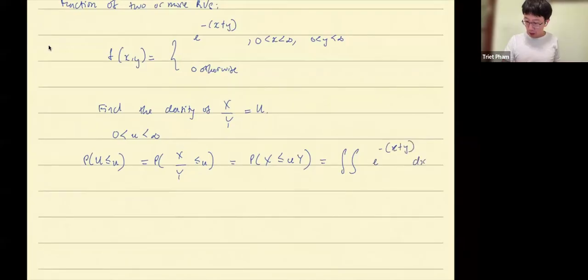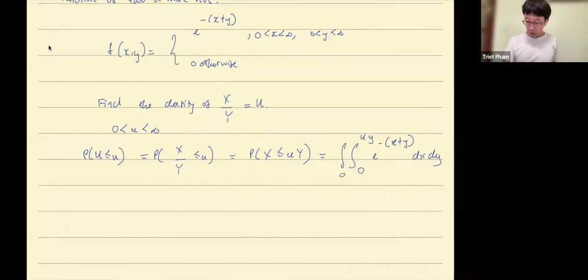If I do dx dy, let's say, then x would go from 0 to u times y, and y would go from 0 to infinity. I just have to carry it out. So this will be the integral from 0 to infinity. We factor out e to the minus y because it's e to the minus x, u y.